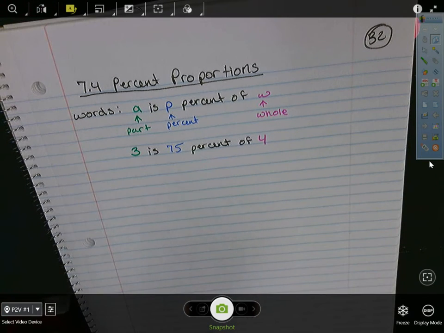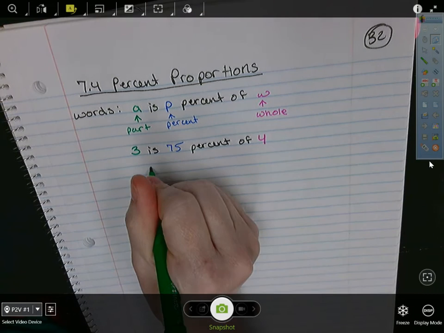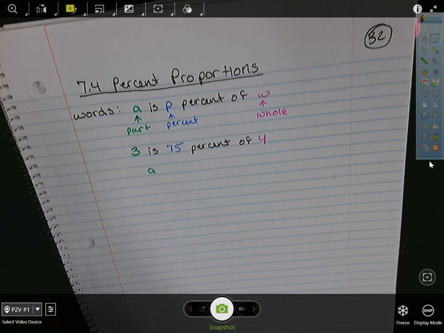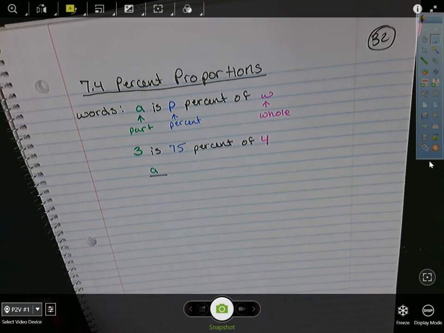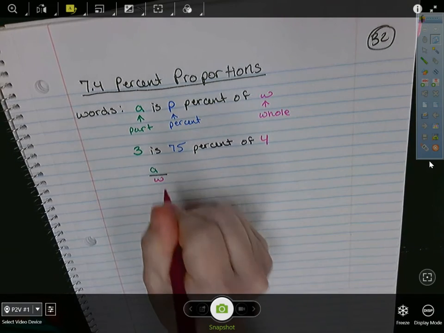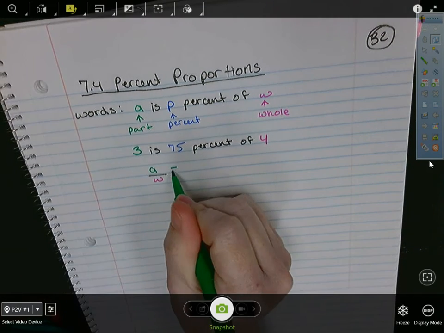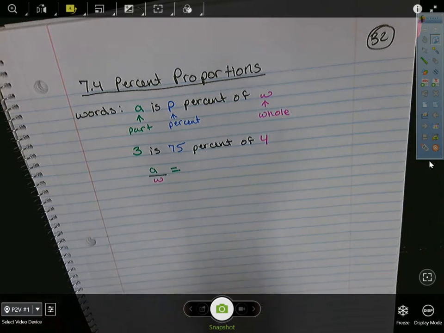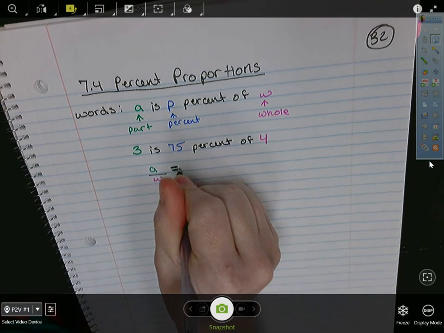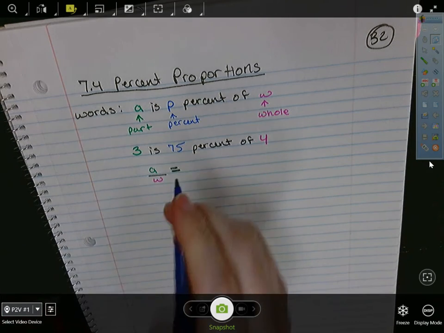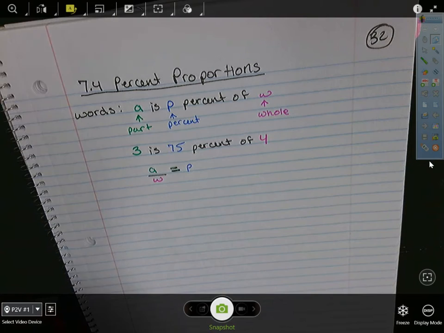Okay, now how to set up your proportion. You do the part over the whole, so you put A over W equals P over 100.